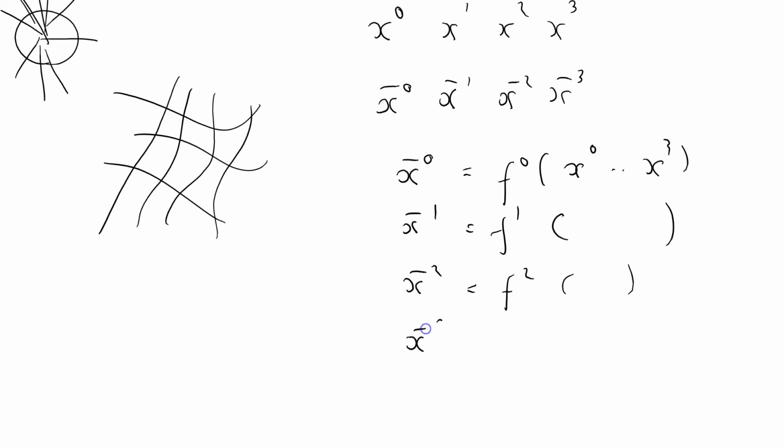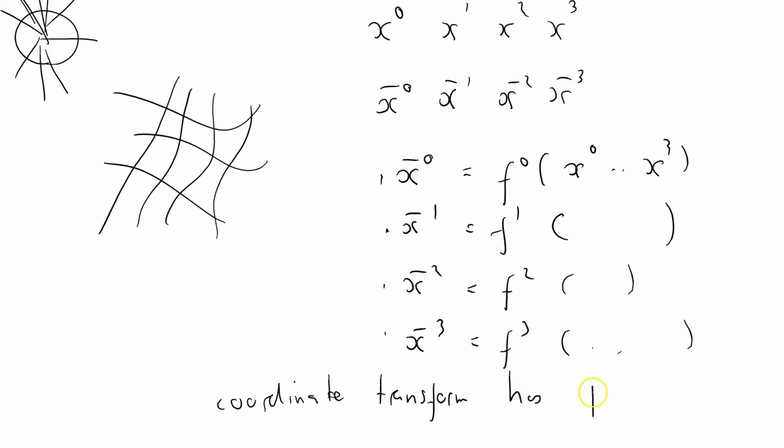And of course x bar 3 equals f3 of the same things. So this tells me that a coordinate transform has 1, 2, 3, 4 degrees of freedom.